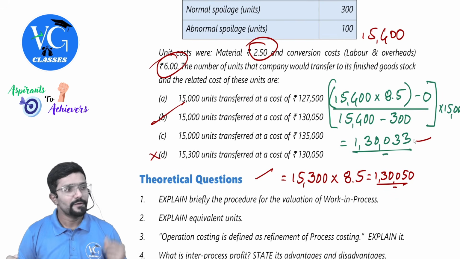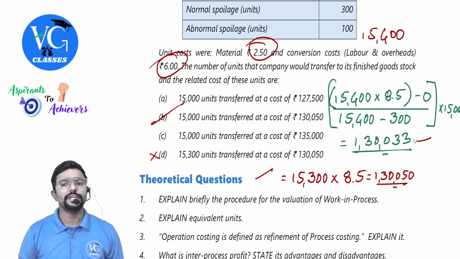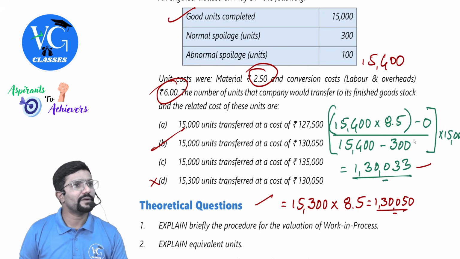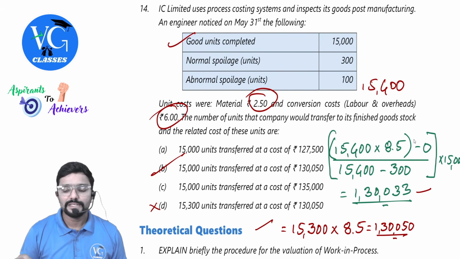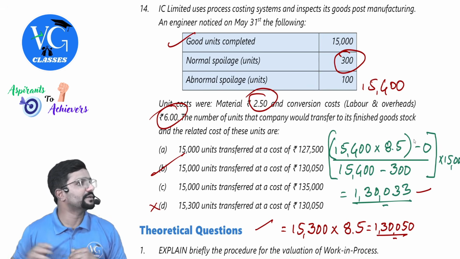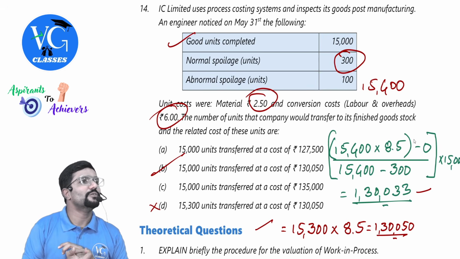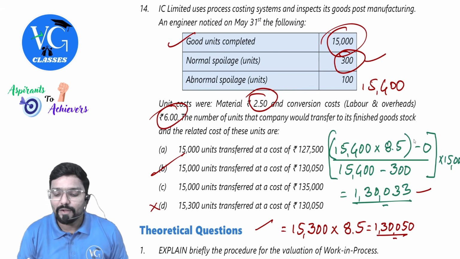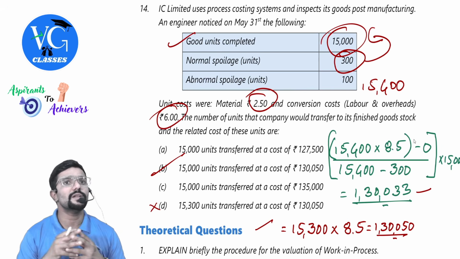They would have considered only 15,300 into 8.5. Listen here, sir. They have spread the entire normal spoilage only over the output, which is only 15,000. For that, they have also added the cost of normal loss units.